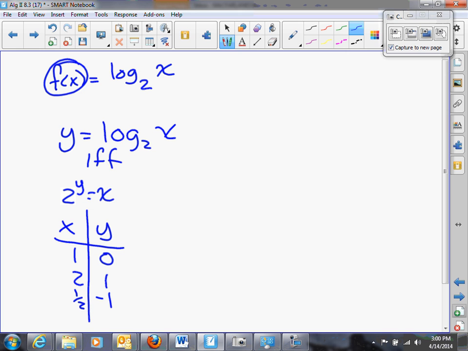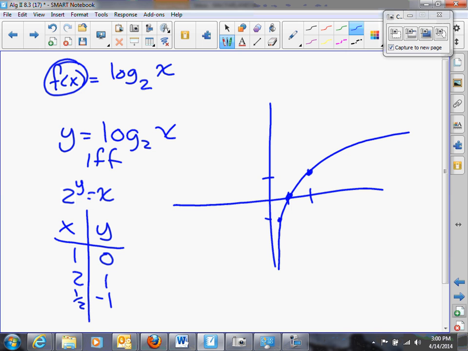Now let's take a look at these 3 points. We have 1, 0. We have 2, 1. And we have 1/2, negative 1. Now, it turns out that if we were to plot more points, the graph ends up looking something like this.